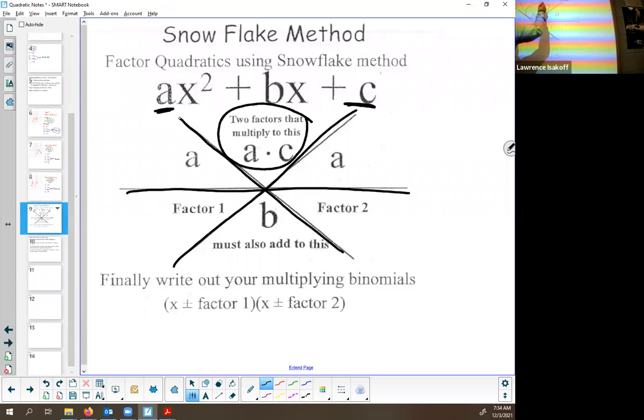We multiply those to get a number up here. Then we have our middle number, B. Then our middle number here is there. Now, if there is an A value, we put that here and here.